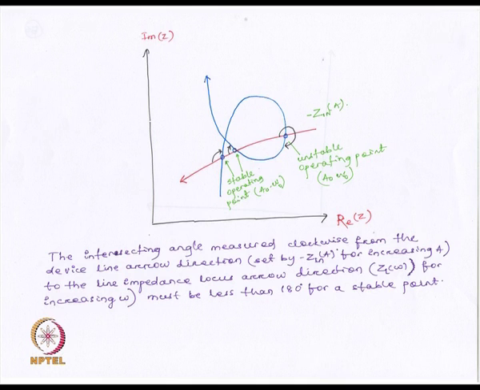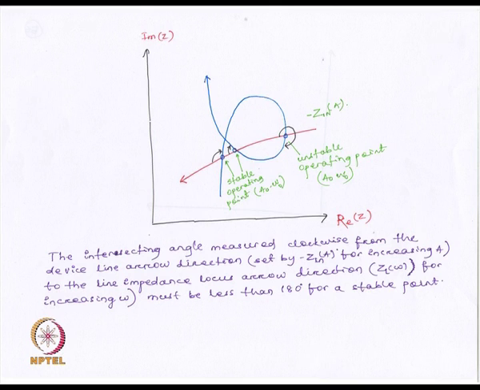So for example, for this particular point, you see the angle between the red line and the blue line, the angle by the way has to start from the tangent of the minus Z in of A curve and end in the tangent of the ZL curve.